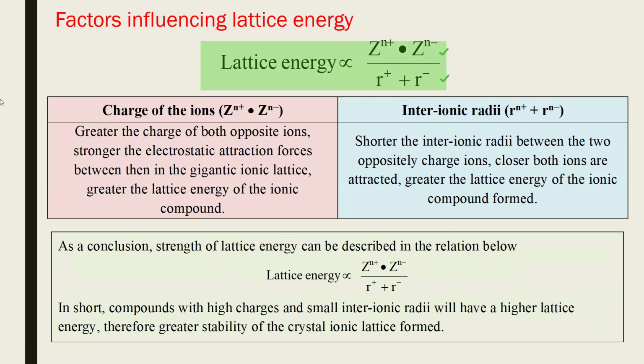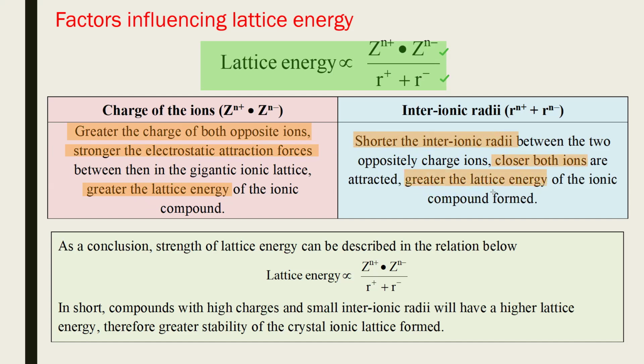So how are we going to describe this phenomenon? The greater the charge of both oppositely charged ions, the stronger the electrostatic attraction forces in the giant ionic lattice, therefore the greater the lattice energy. In terms of interionic radii, the shorter the distance between the ions, the closer both ions are attracted, so the greater the lattice energy.